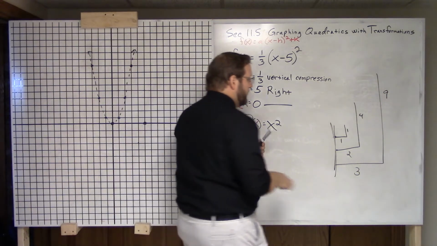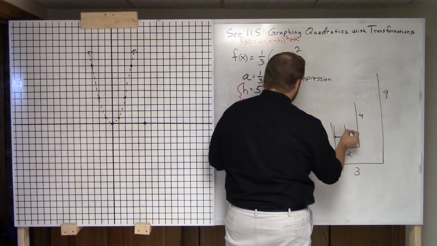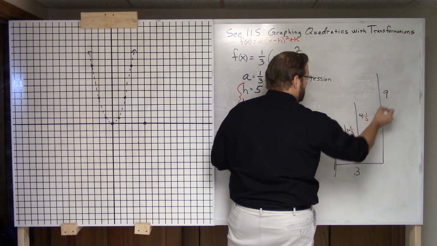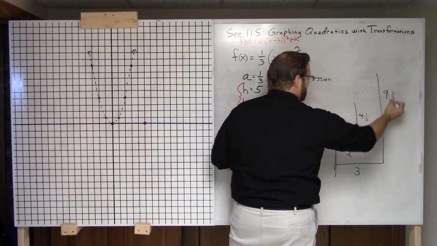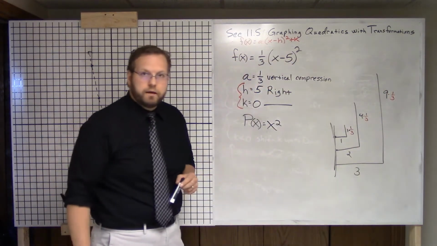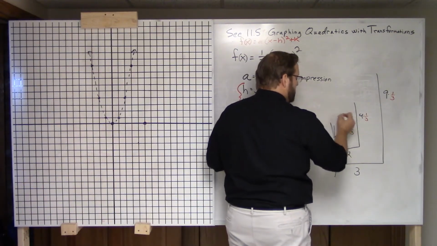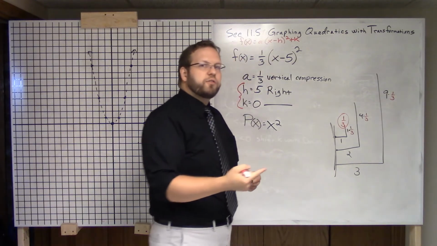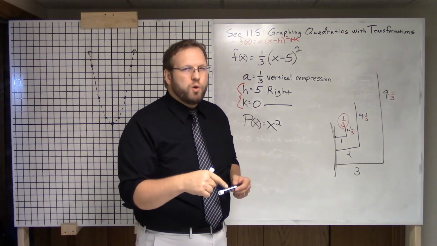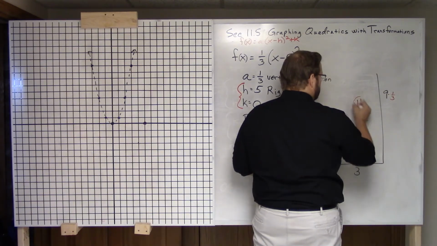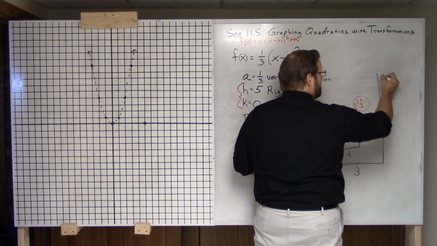So I am going to multiply by that a value of 1/3. Okay, no big deal. 1 times 1/3 is 1/3. 4 times 1/3 is 4/3. I would write that as a 1 and 1/3 though, just so we can wrap our brains around that. So 1 and 1/3. And then 9 times 1/3 is 3.